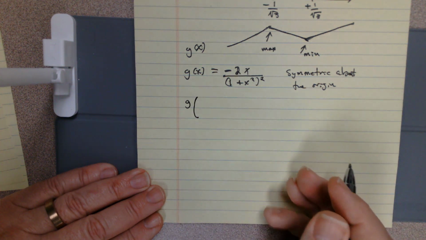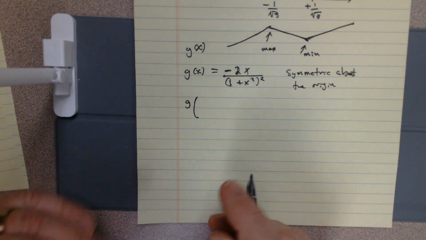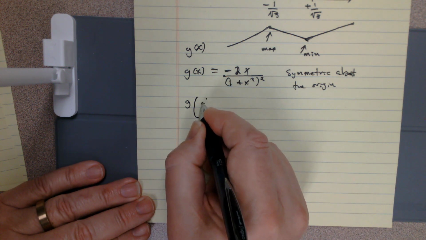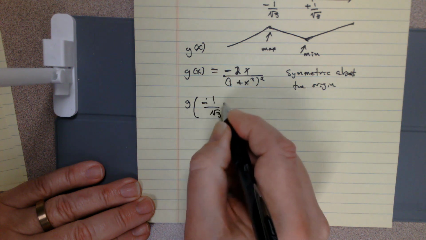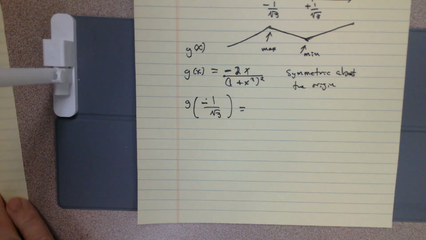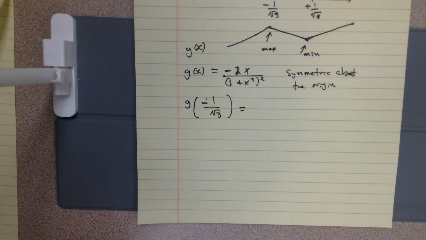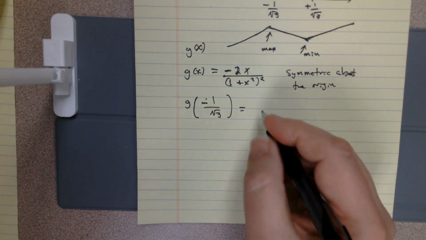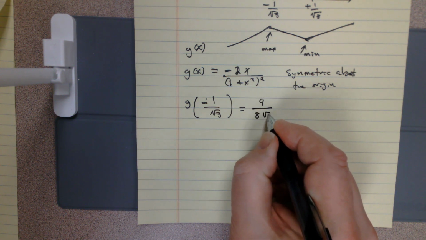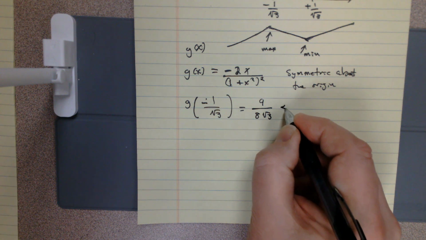Oh, actually not the same, it's the negative, but you see what I'm saying. G of negative 1 over the square root of 3. We go through that calculation, and that will turn out to be 9 over 8 square root of 3, which is less than 1.